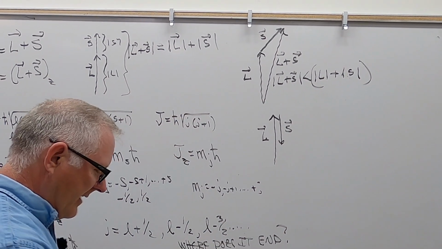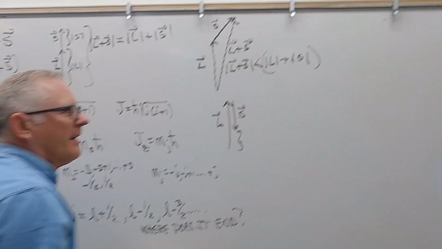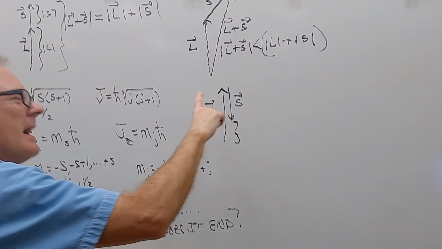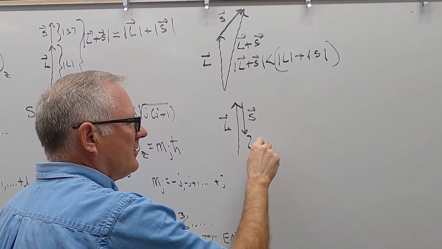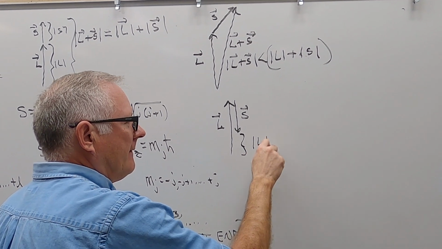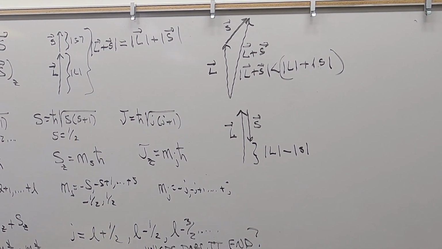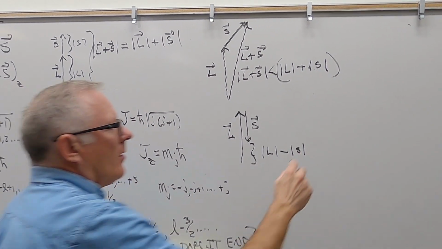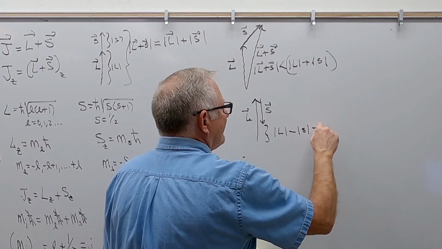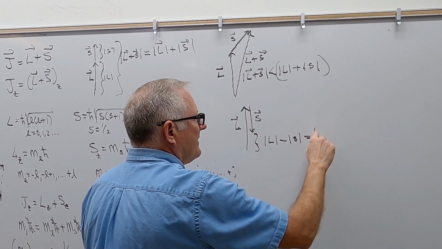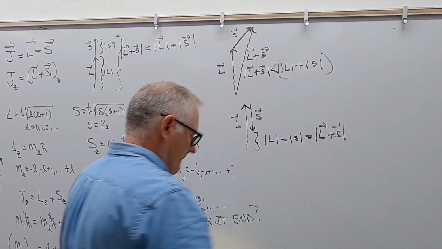Now this length right there would be the magnitude of L minus the magnitude of S. So this length is the magnitude of L minus the magnitude of S, and we have to add the two vectors, L plus S right here.